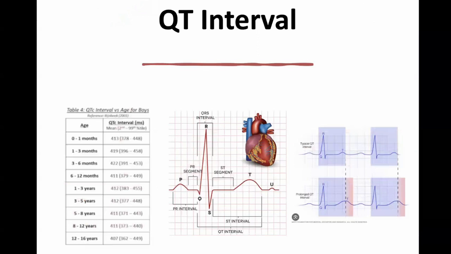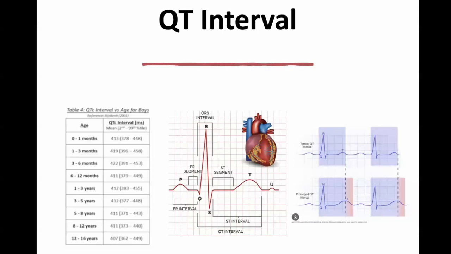The QT interval is measured from the start of the Q wave to the end of the T wave and is best measured in lead V5 or lead 2. It varies with heart rate, so it is interpreted using the corrected QT interval, which accounts for the heart rate. The corrected QT interval remains relatively stable in all pediatric age groups at around 440 milliseconds as the upper limit of normal.